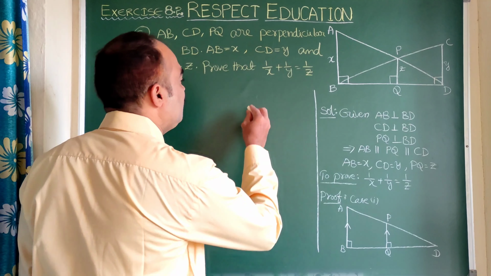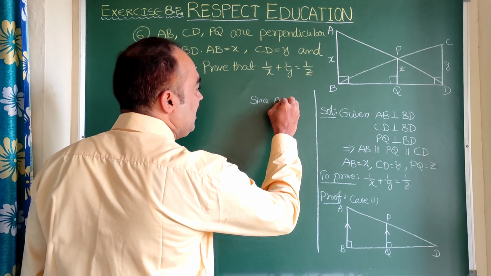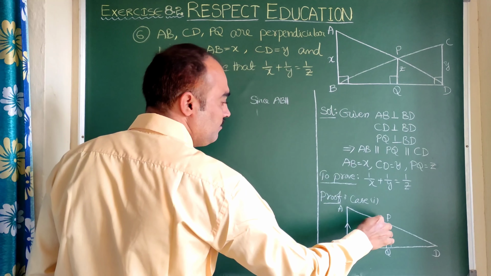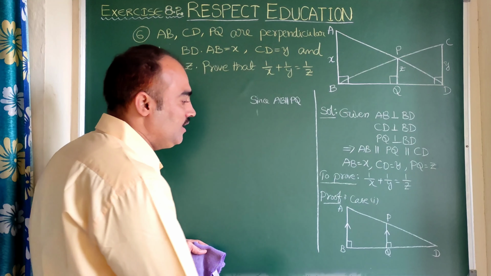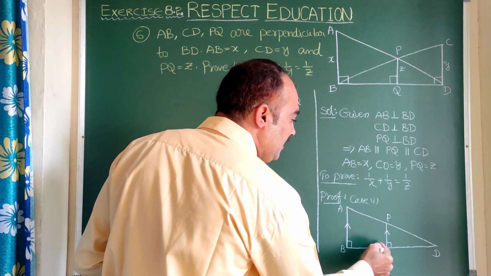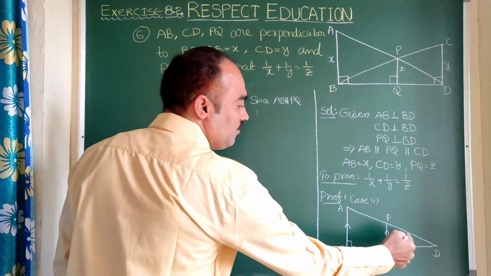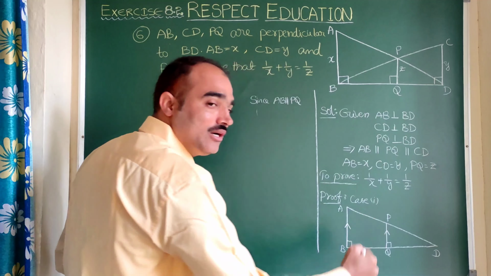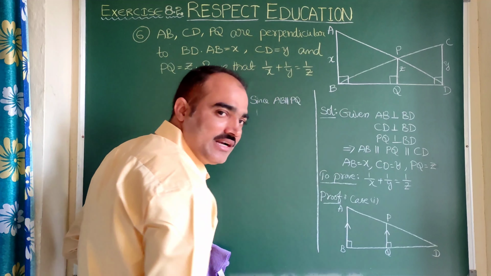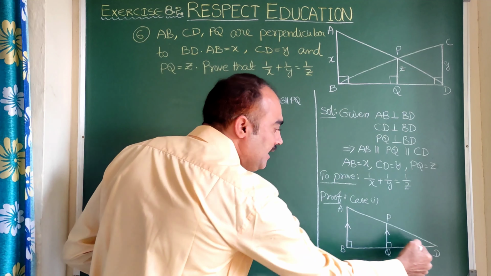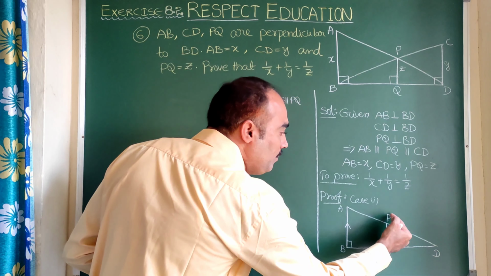Since AB is parallel to PQ, we can say that angle B is equal to angle Q. Here I would like to separate two triangles: PQD is one triangle and ABD is the other triangle. I would like to write it as DQP.